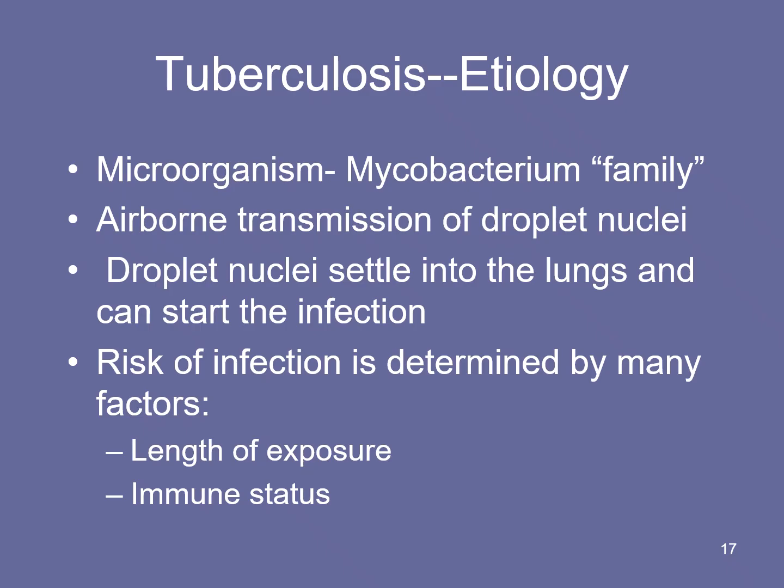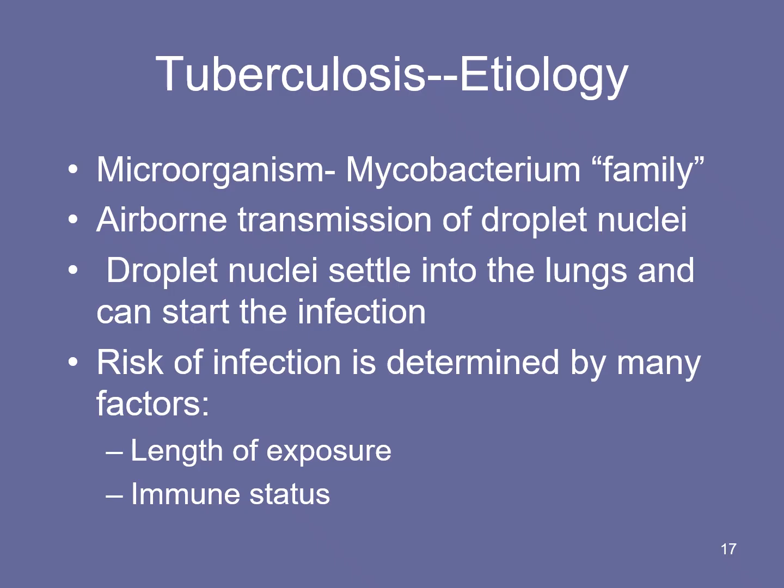The unfortunate part about droplet nuclei is they can travel further than droplets. Whereas 3 to 6 feet is generally regarded as a relatively safe distance, droplet nuclei can travel further than that. The good news is the further you get away from the patient who has tuberculosis, the lower the concentration you're going to get.